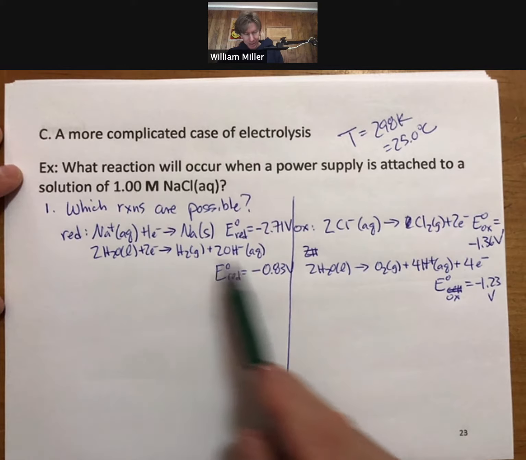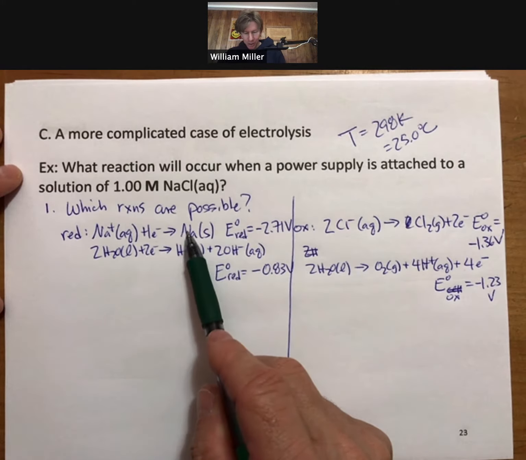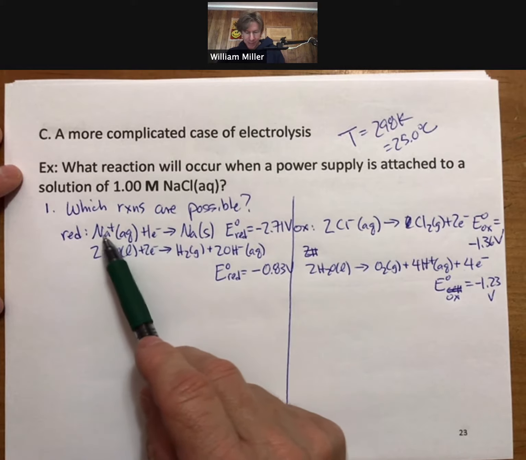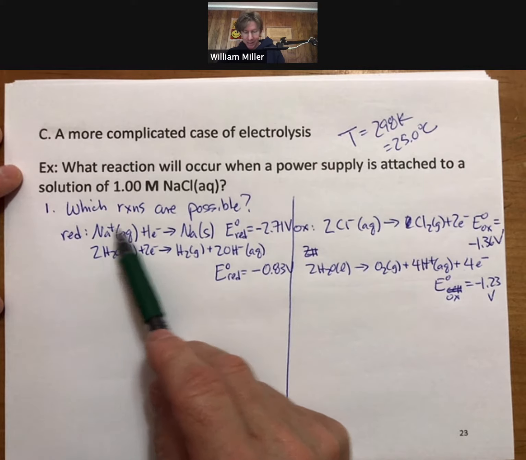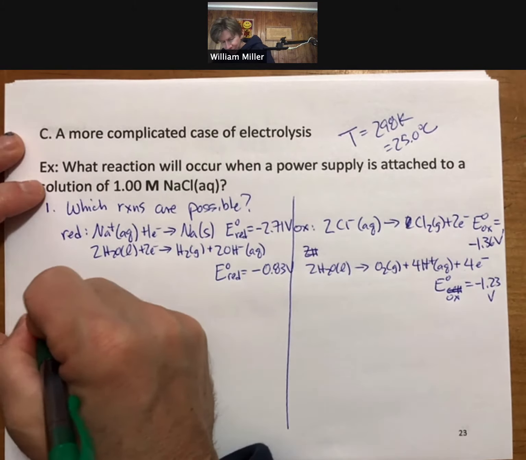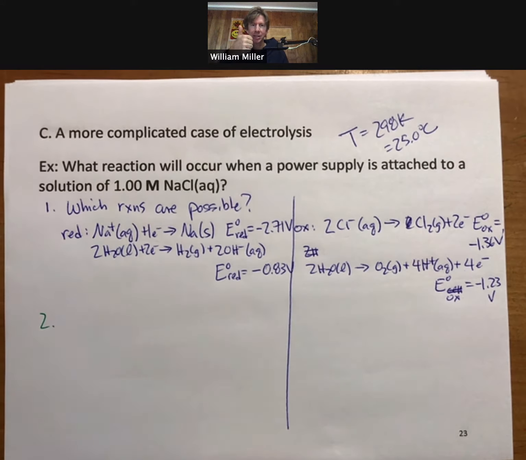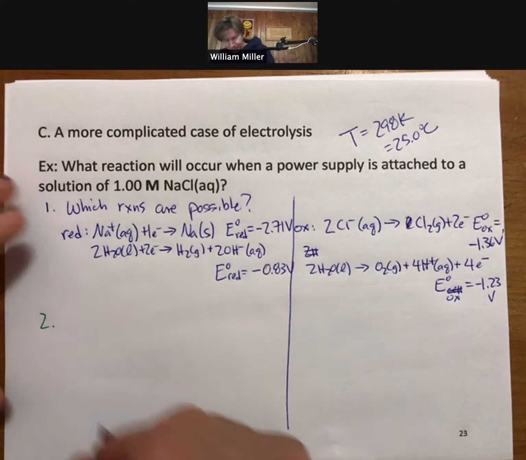And you would still take your water reactions, and you would also take your cesium and your iodide reaction. And then you do the thing that we're supposed to do next, which is find the oxidation and reduction that are closest to positive.